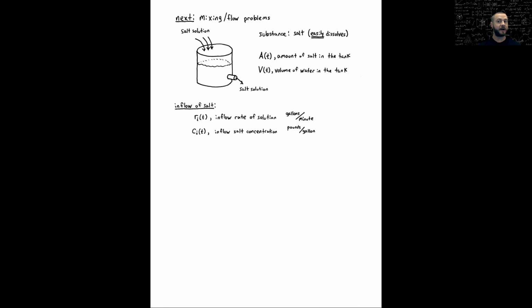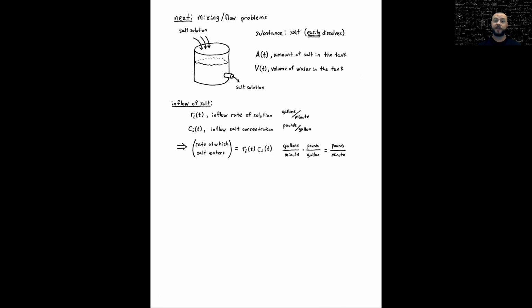All right, now there's not a whole lot of possible combinations here between R_i and C_i, but if we multiply them, the inflow rate times the inflow concentration, take a look at the units. The inflow rate has units of gallons per minute, and then we multiply by the inflow concentration, which has units of pounds per gallon.